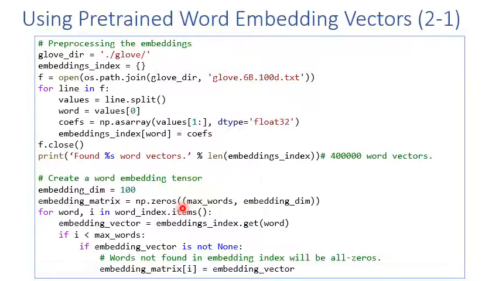The size of the embedding matrix is the max words, which is 400,000 by 100. And then we save the vectors into our new matrix one by one. That's how we load the pre-trained embedding model from the text file to a NumPy matrix.